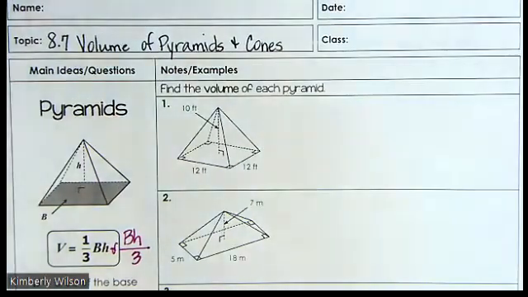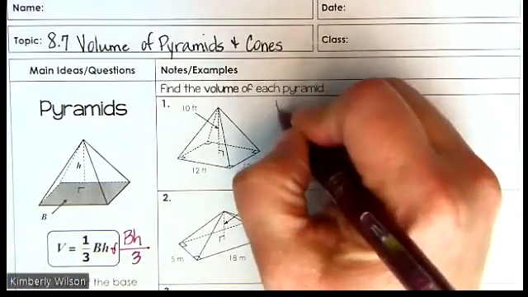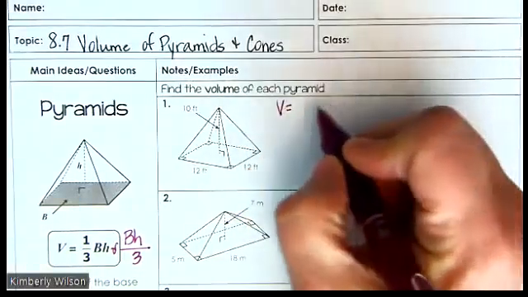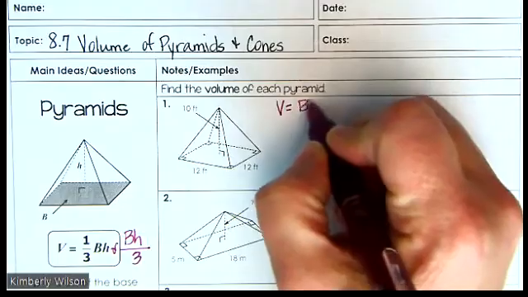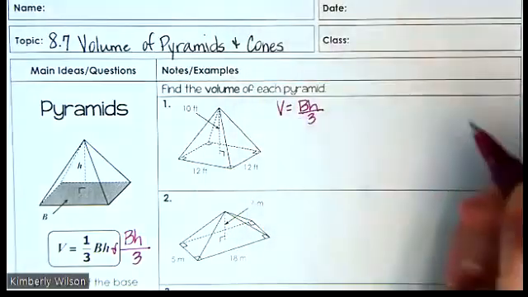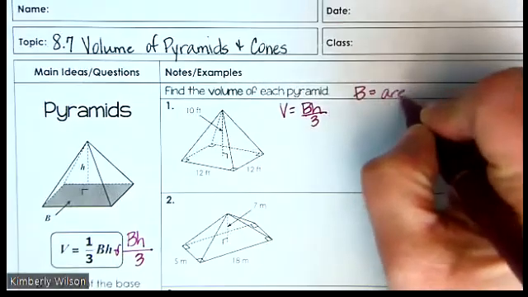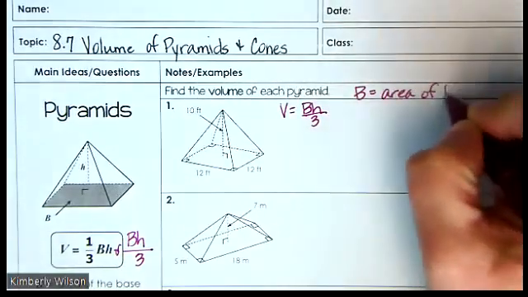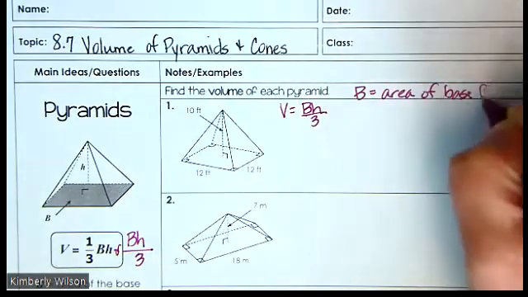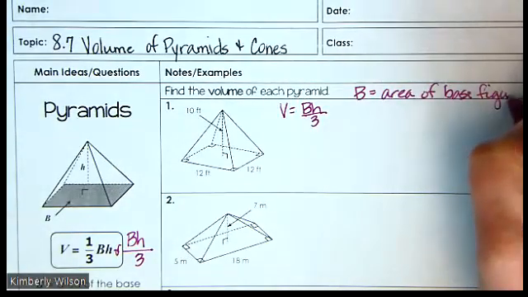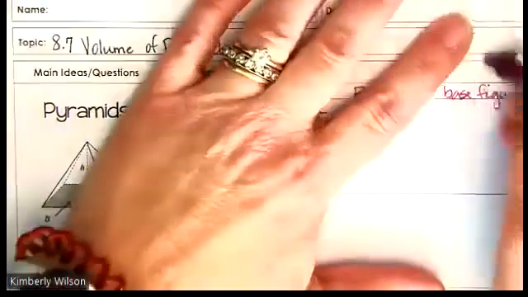Okay. So for number 1, the first thing that I do is write down my formula, which is the volume is capital B times H divided by 3. Now remember, the capital B stands for area of base shape, not figure.